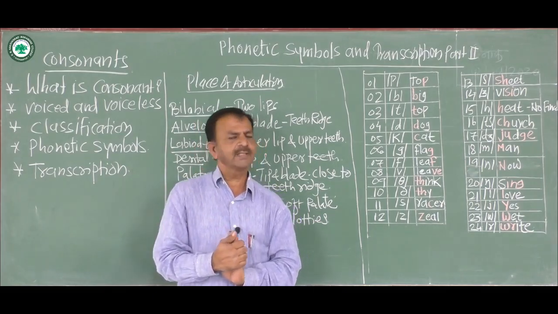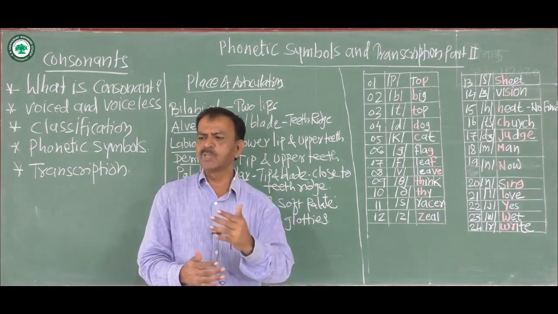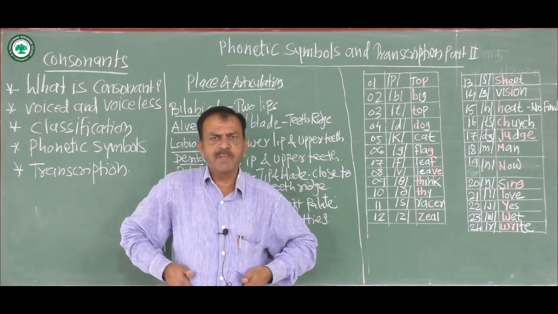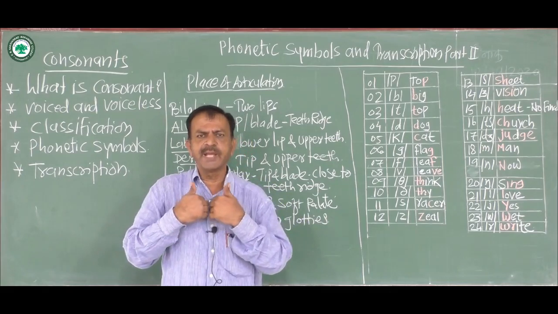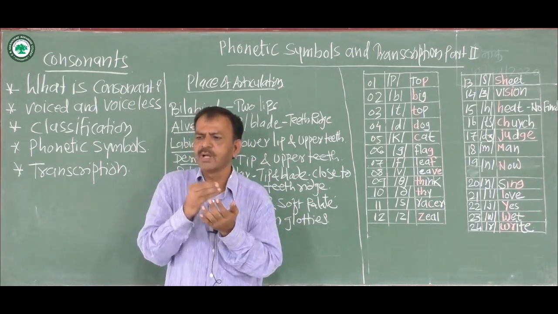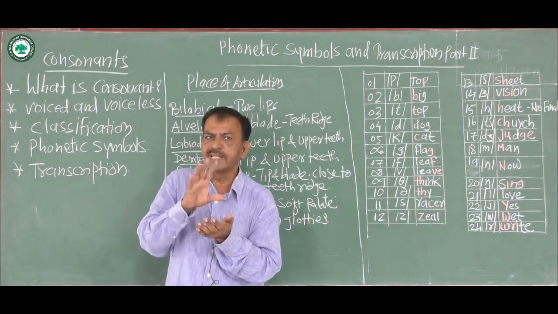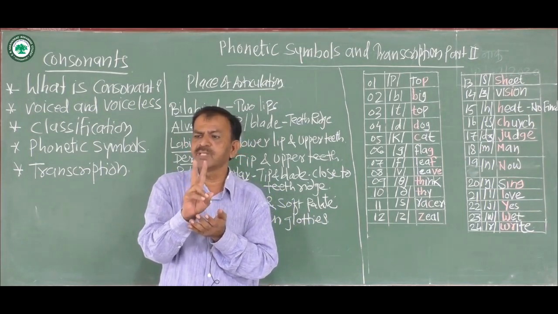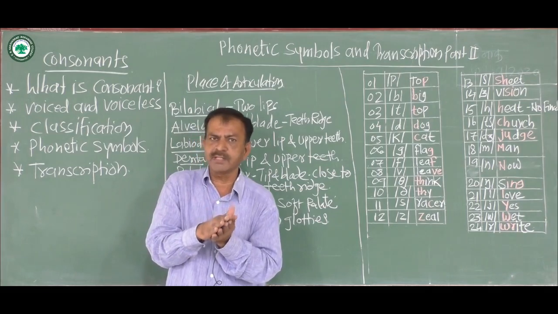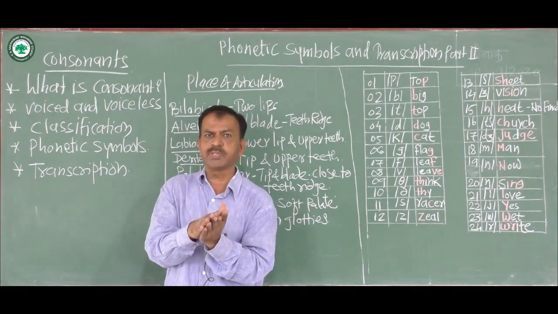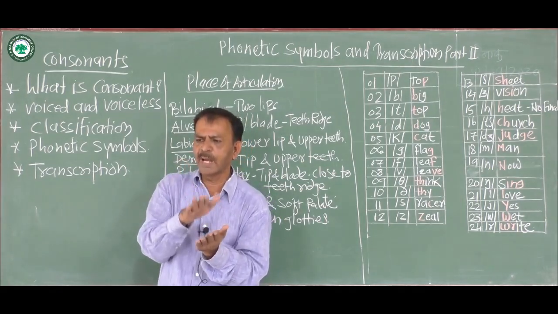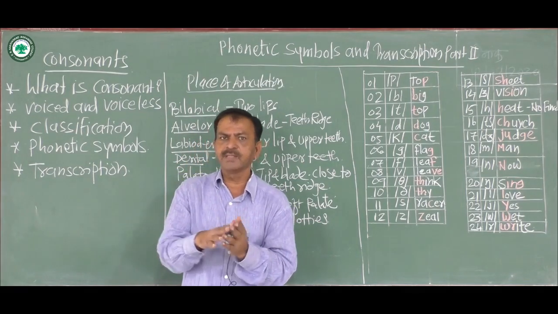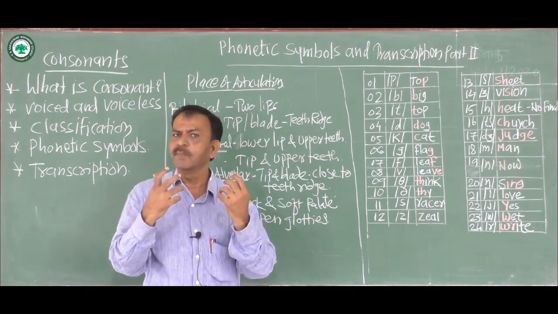So let us see what a plosive sound is. The air from our lungs through the windpipe enters our mouth cavity, and it is blocked by two different articulators. There is a complete closure, not partial closure, complete closure of the air passage, and pressure is built in the mouth.